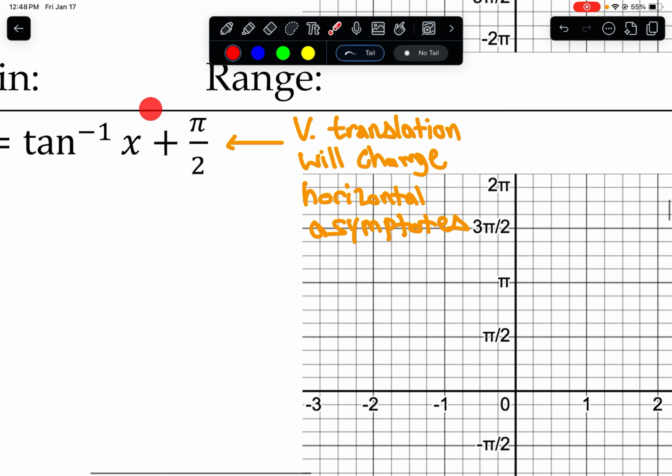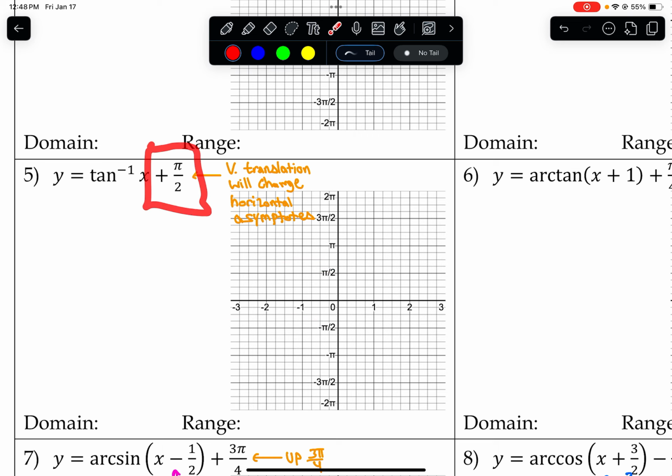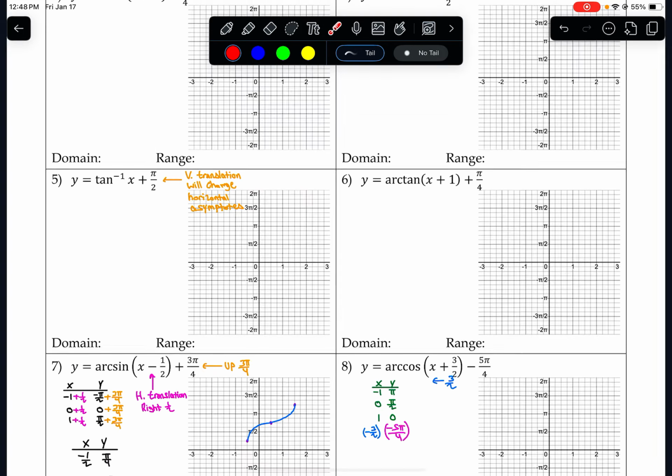So just make sure you also apply any vertical translations to your horizontal asymptotes that are pi over 2 and negative pi over 2. So this is going to move up pi over 2. So from pi over 2 to negative pi over 2, those original asymptotes, your new asymptotes are actually going to be at 0 and then pi. So horizontal lines are impacted by a vertical shift. So just keep that in mind.